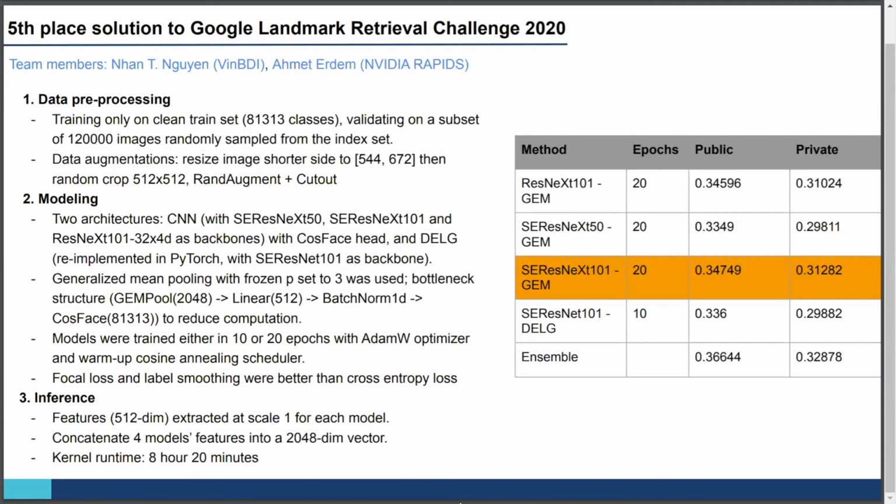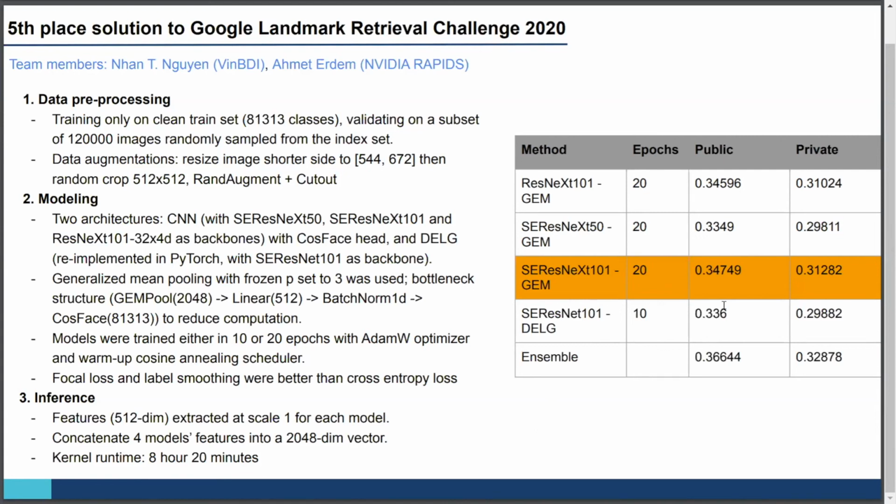While we wait for the attendees, I have one other question. I see you mentioned that you extract the features for inference time at scale 1 for each model. Did you ever try doing multi-scale using pyramids and things like that, and if it helped or not? Yes. So I actually tried running inference at three different scales. For this model here, the SE-ResNet 101 DELG, multi-scale gave me 0.339 on the public leaderboard, which was not a lot.